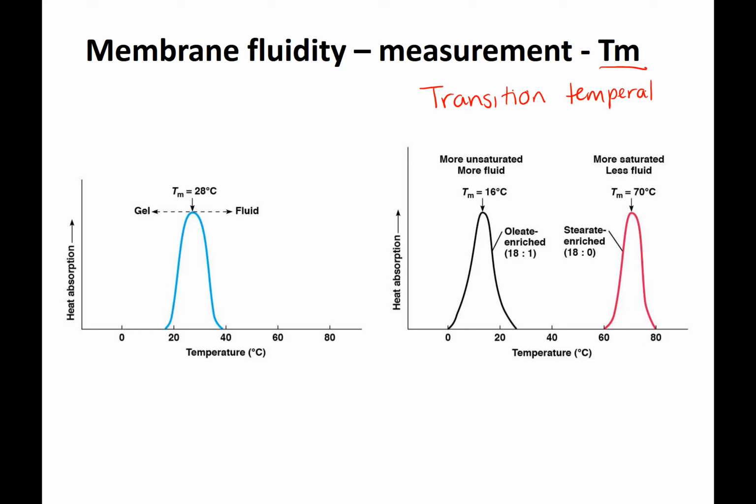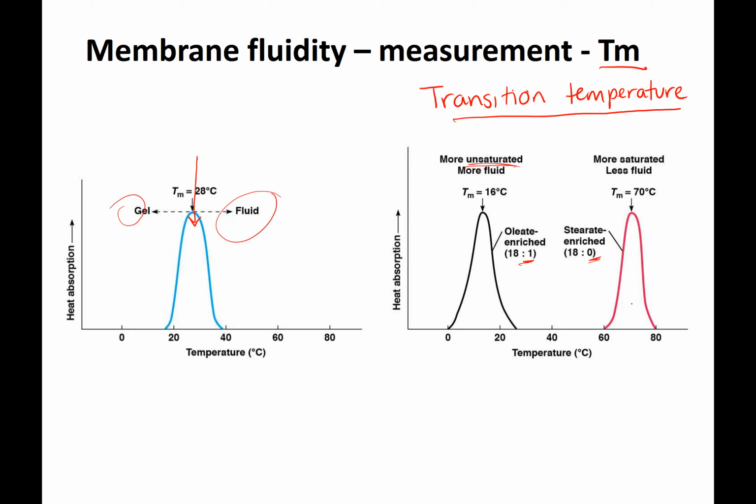Again, this is an important concept in cell biology, but I just want to show you it here, that the transition temperature is this sweet spot where you're not too solid and you're not too fluid. And when you add things like more unsaturation, you become more fluid than something without a double bond.